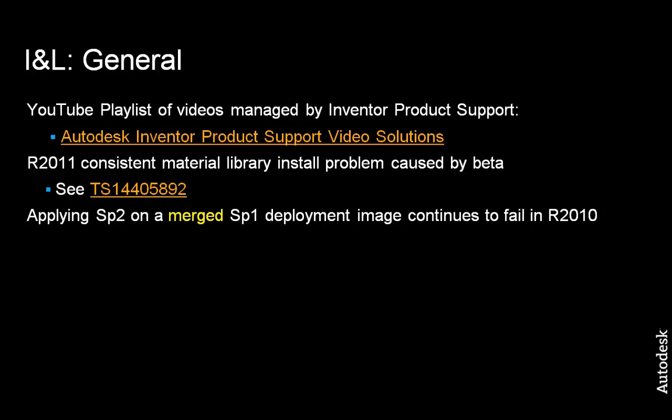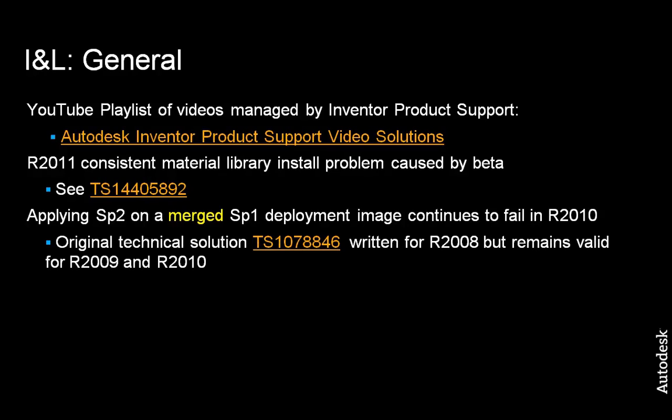The other issue that still is not resolved in 2010 service packs is when you want to apply a service pack after applying a deployment image that used a merge.